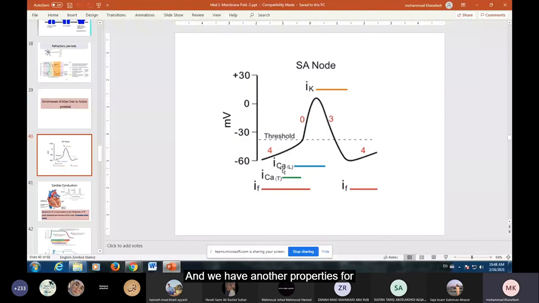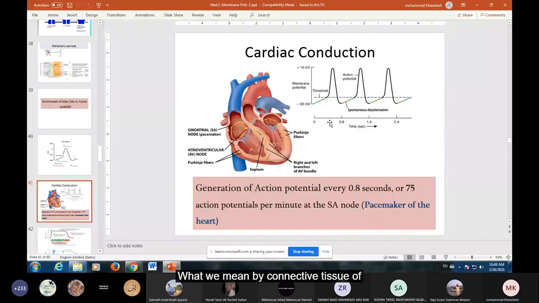And we have other properties for the conductive tissue of the heart. What do we mean by conductive tissue of the heart? As you see in yellow, we have small amounts of tissue, which are called the conductive tissue of the heart, and that tissue displays this type of action potential in a repetitive way. So we have automatic generation of action potentials.